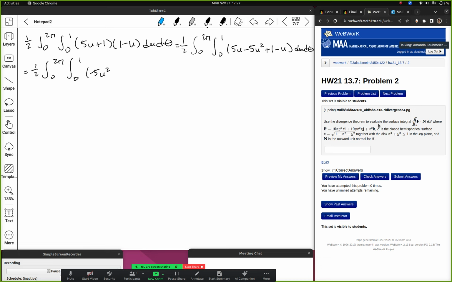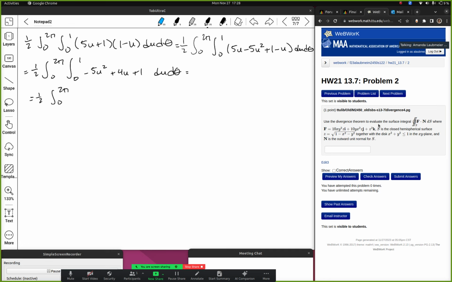I guess I don't need those parentheses. Minus 5u squared plus 4u plus 1, du d theta. And now I'm ready to integrate with respect to u. I'm actually going to do that here. I'm worried I'll run out of space.